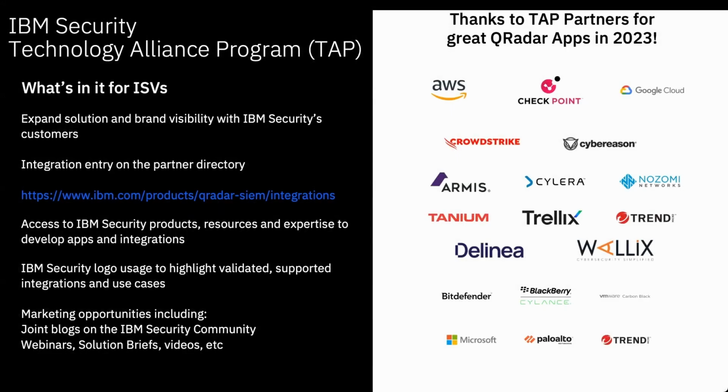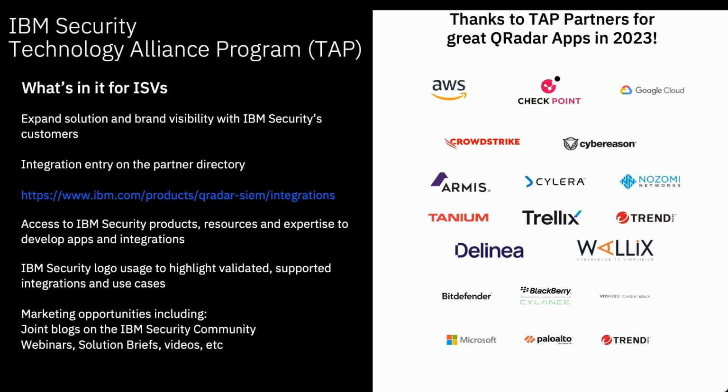Now, the IBM Technology Alliance program is for ISVs, and as you can see on the right-hand side, there are many well-known as well as new logos here. The benefit is that whenever you integrate with us, we publish it on App Exchange, your logo is shared, and you can share IBM's logo too, and those NDAs are already signed automatically.